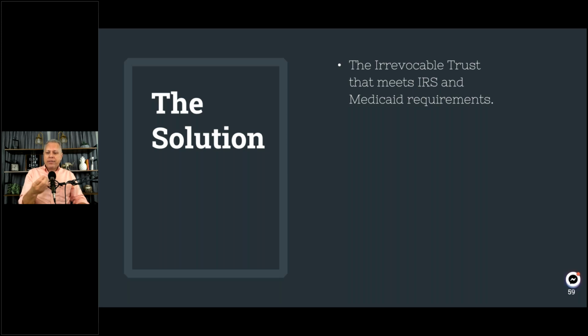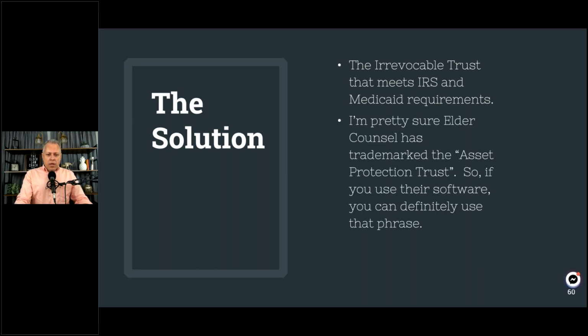They've created a trust that I pay good money to implement in my practice, and they've figured out how to get the benefits from both. We tell the IRS, yep, she still owns it. We tell Medicaid, nope, she doesn't. I can go into extreme detail, but for you as the client, that's what you need to understand. We tell the IRS, yes, you own it. We tell Medicaid, no, you don't.